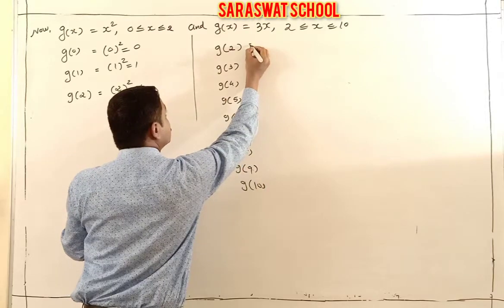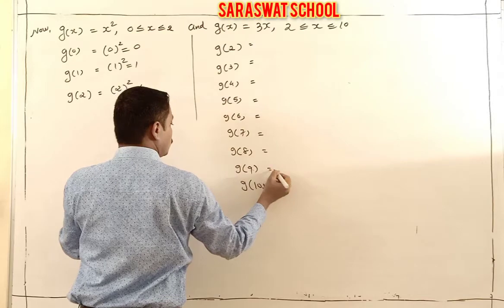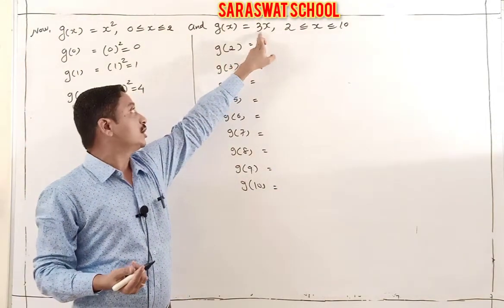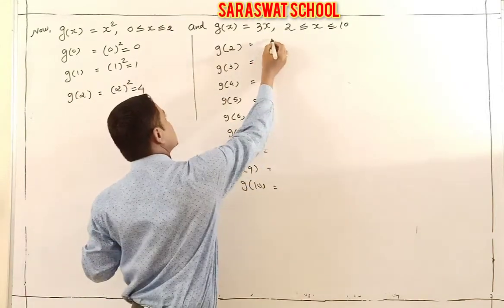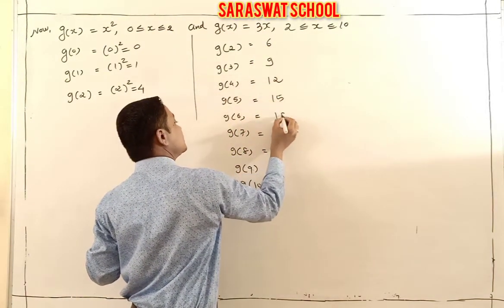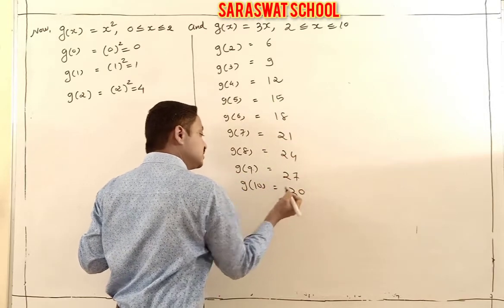All data you know. Now I want the values for 3x. So 3 into 2 is 6, 9, 12, 15, 18, 21, 24, 27 and 30.